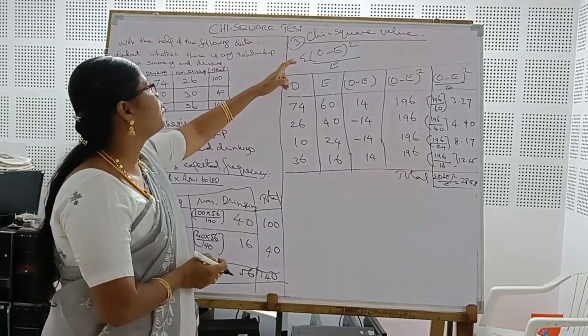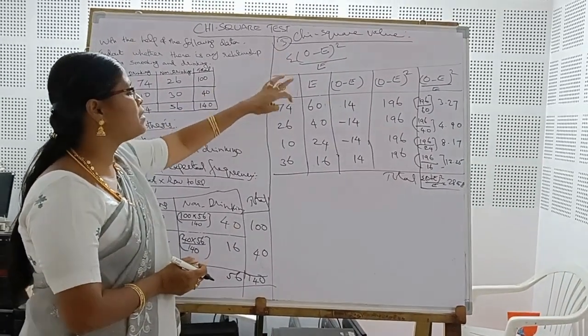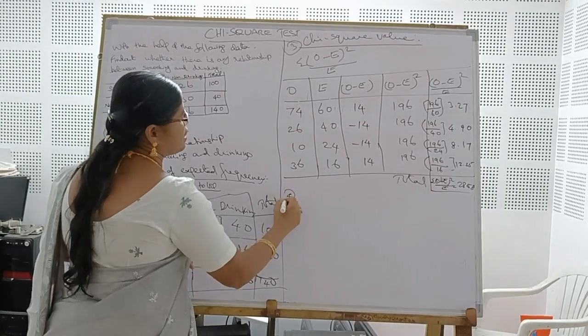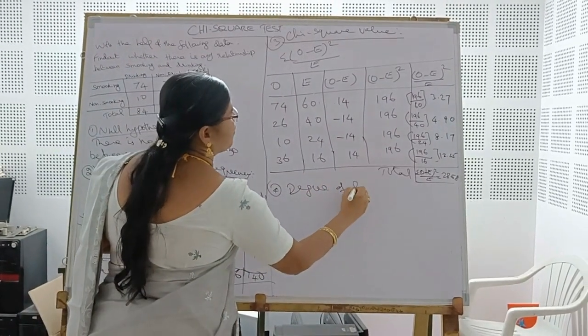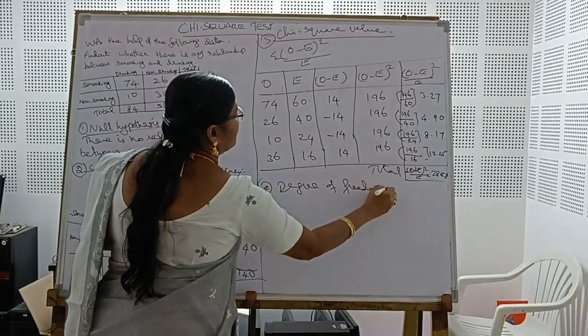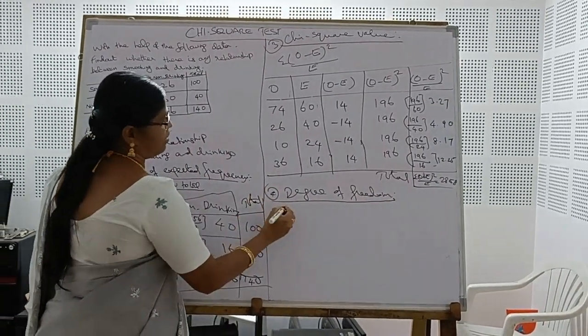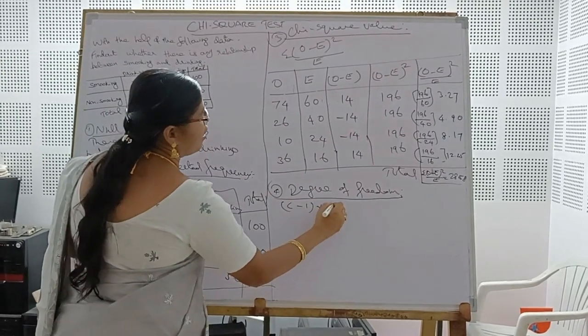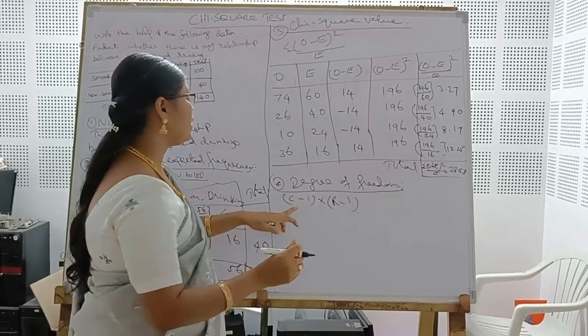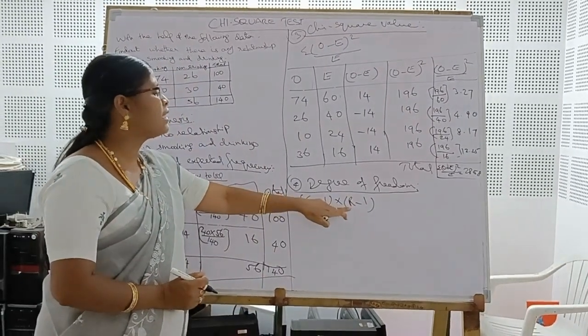So we calculated the chi-square value in the third step, and in the fourth step, degree of freedom should be calculated. Again, we use a simple formula, C minus 1 into R minus 1. C means number of columns and R is the number of rows.